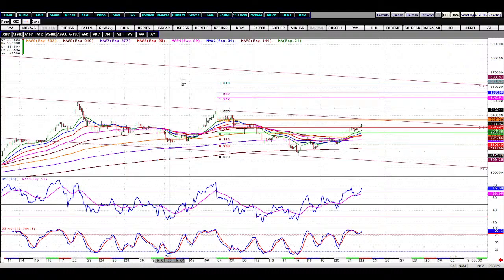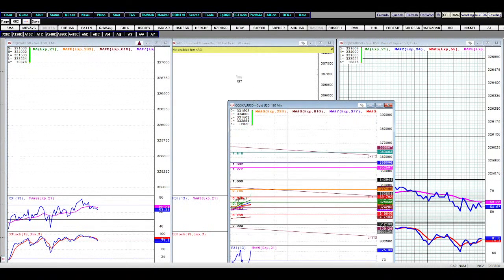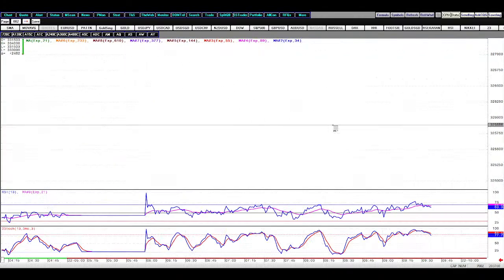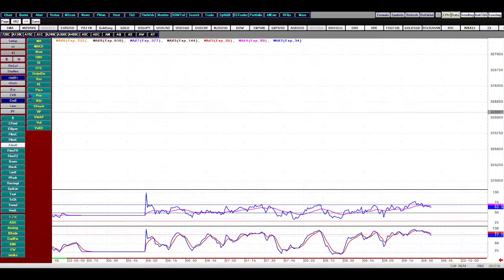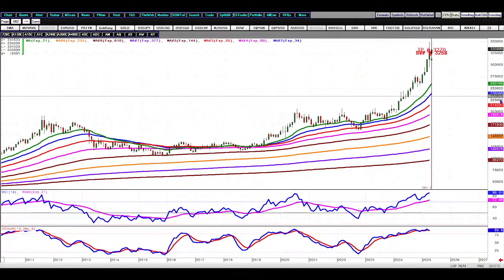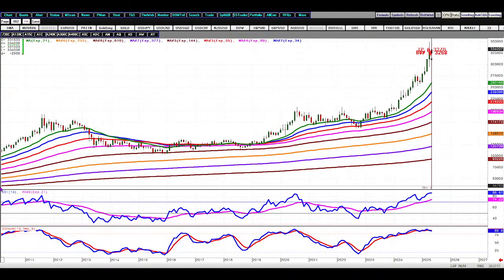One more thing we can do is, if you take the monthly chart.